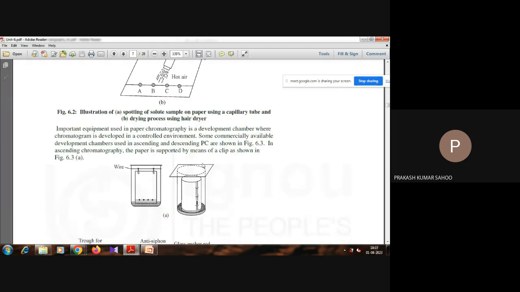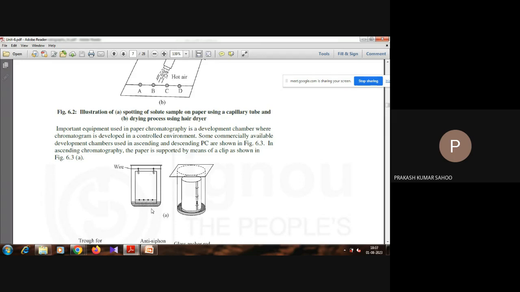The chromatogram is the chamber. It is just made up of a glass chamber, with one lid or cover at the upper part. Then we have to put that paper in the chromatogram chamber, in which the suitable solvent is there.